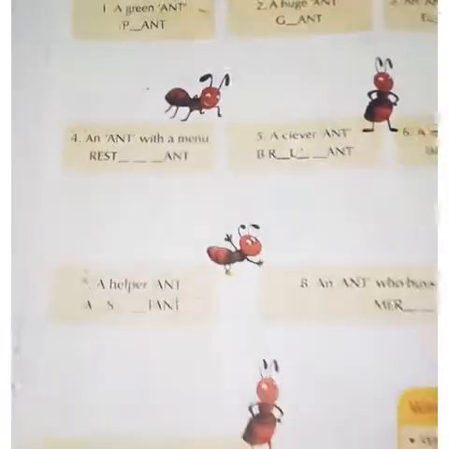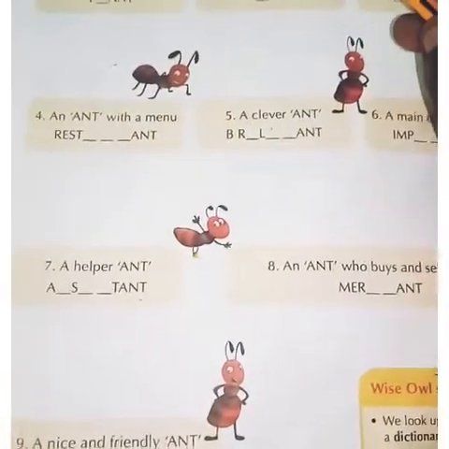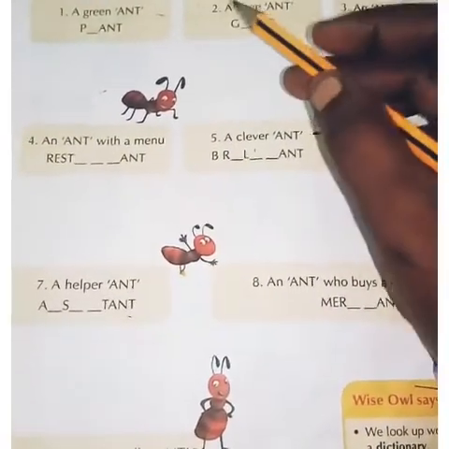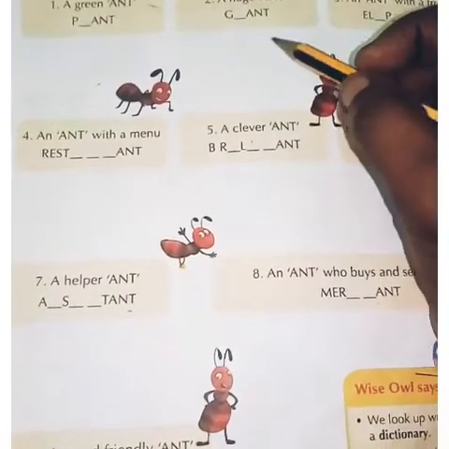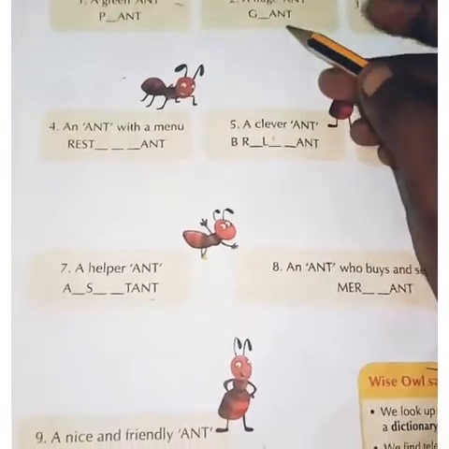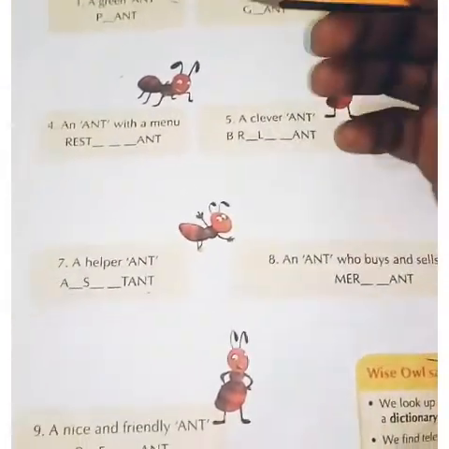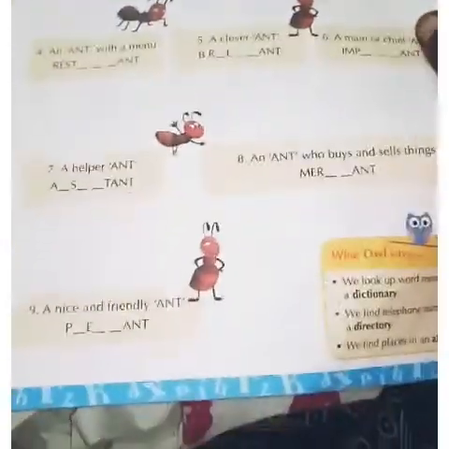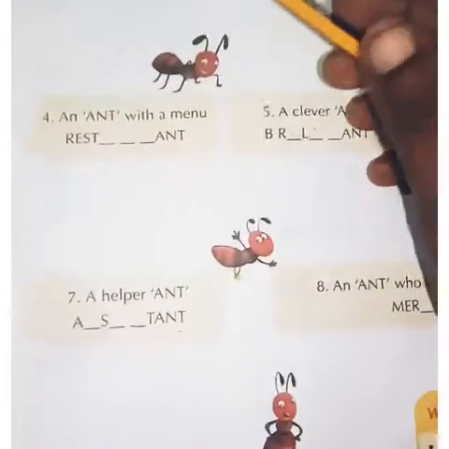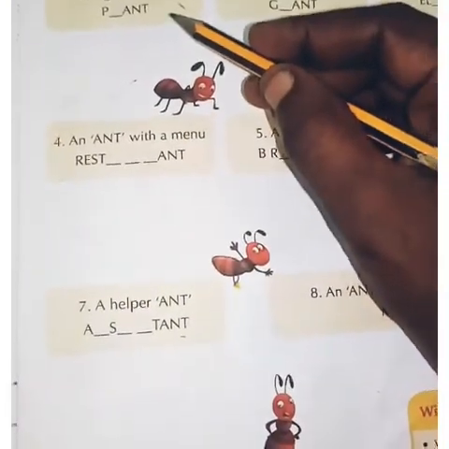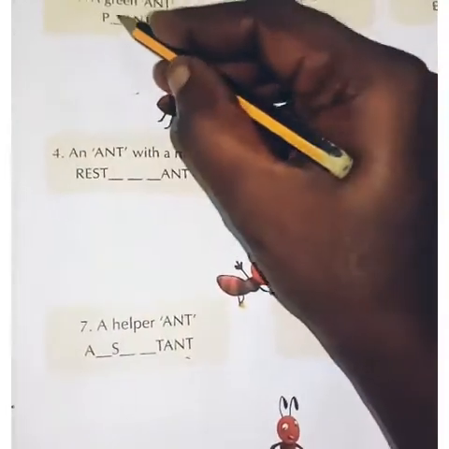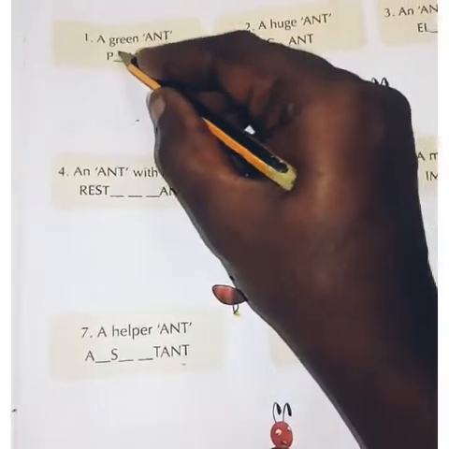Use the clues given below to get a word ending in "ant", then fill in the missing letters to complete the word. See here, the first one, a green ant. What's the answer? Plant.